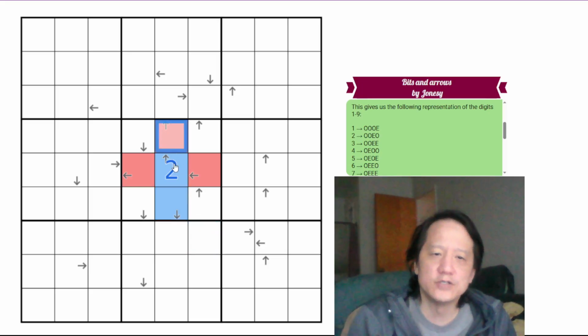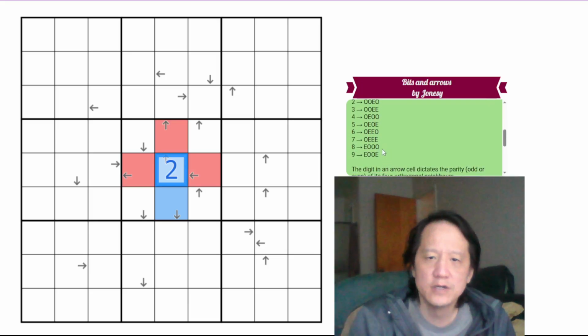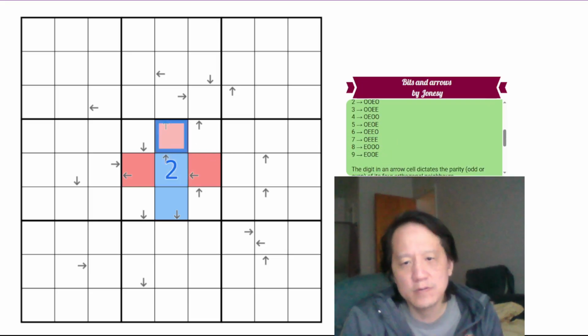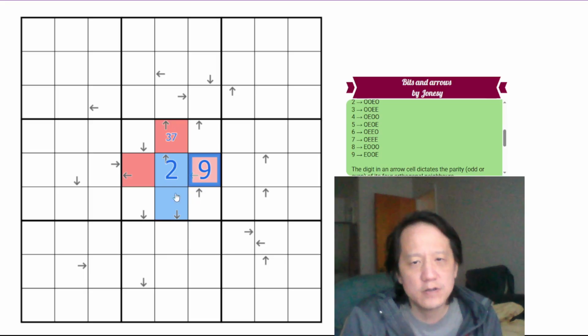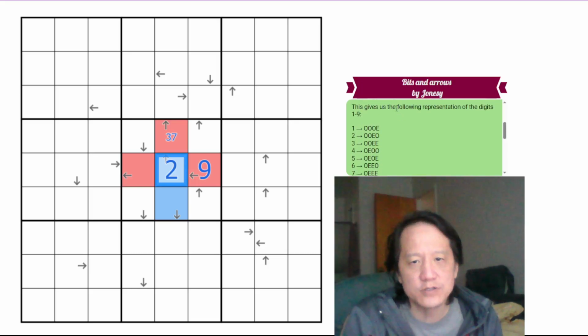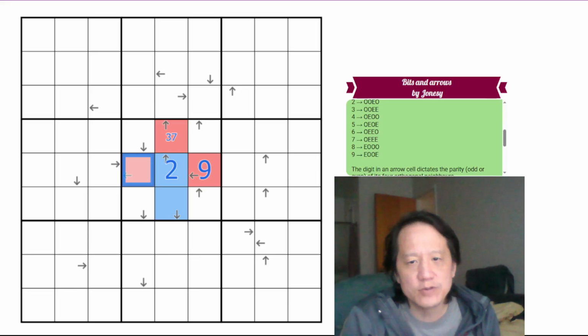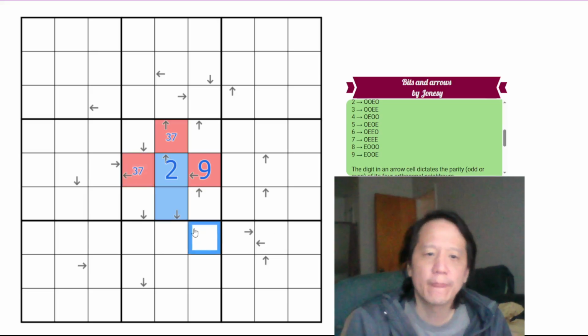So odd digit with the third digit being even is 3, 7. Odd digit with the first digit being even is just 9. Odd digit with the third digit being even again is 3 and 7. So we have a 3, 7, 3, 7 pair.